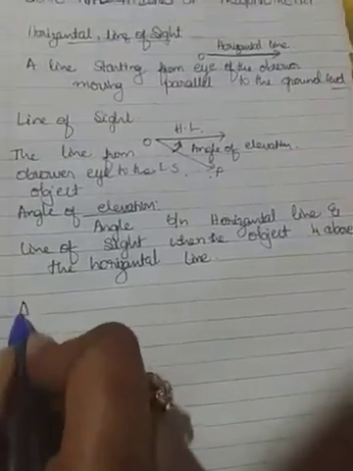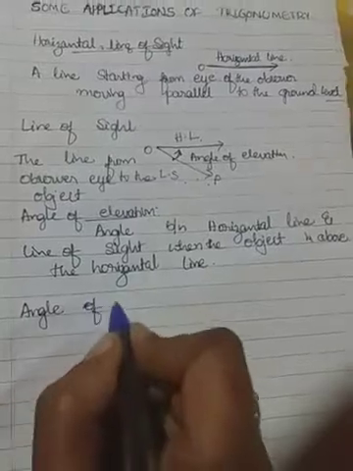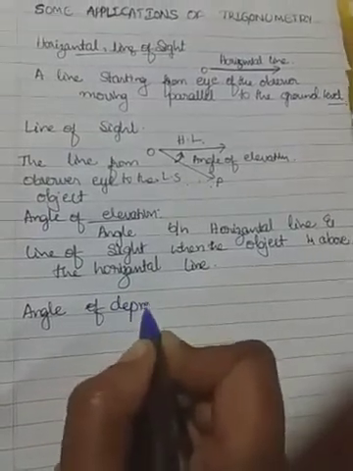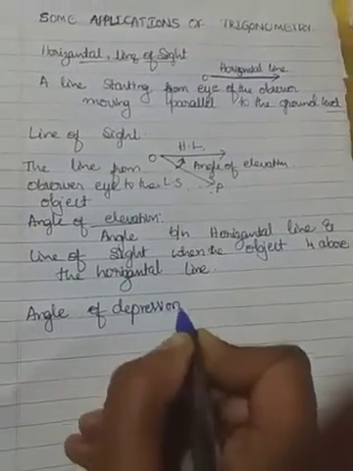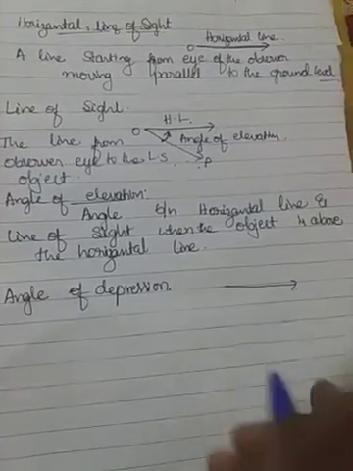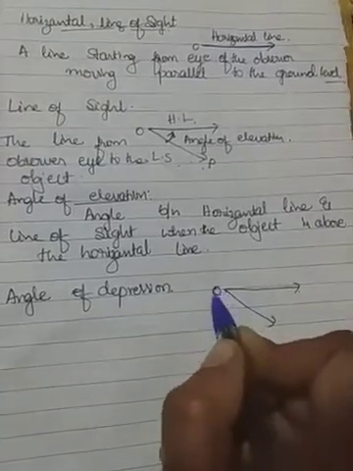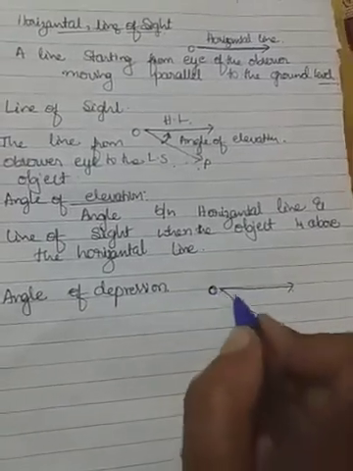Next one, the last term, that is the angle of depression. So what is meant by angle of depression here? If you have taken this is the horizontal line and this is the line of sight, and this is the observer.